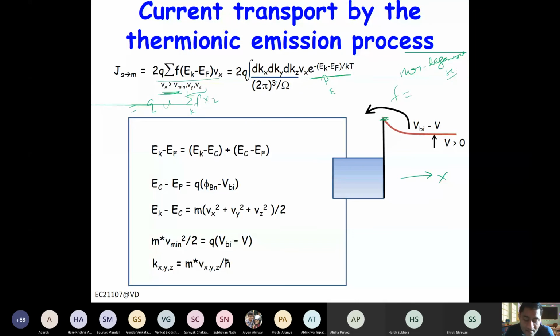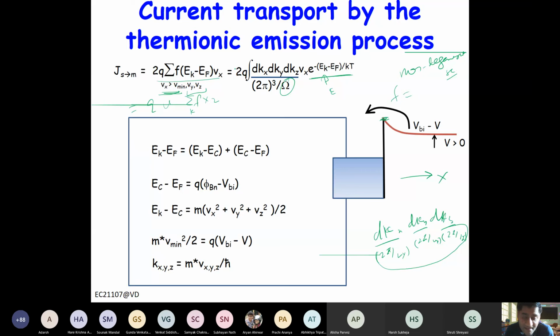And of course your dk, because k is in 3D, you can write dkx, dky, dkz. Now each dk has 2 pi by Lx, 2 pi by Ly, 2 pi by Lz number of states. So Lx, Ly, Lz would be the volume, and this is divided by the volume of one state basically. And we have to integrate it, right?